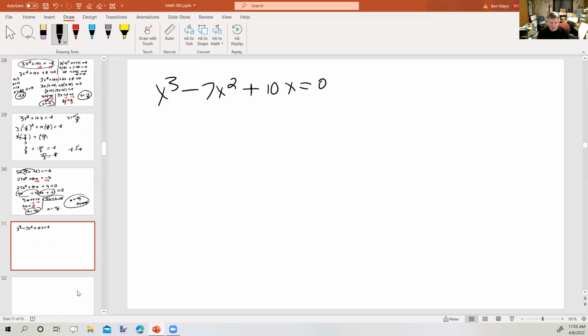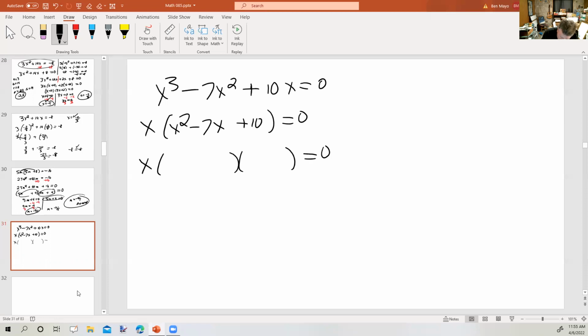So on the left side of the equation, the trinomial, the first thing I can do is take out a greatest common factor. Then the trinomial that's left over has a leading coefficient of 1, so I can split it apart. Product is 10, sum is -7: -5, oops, so -5 and -2.